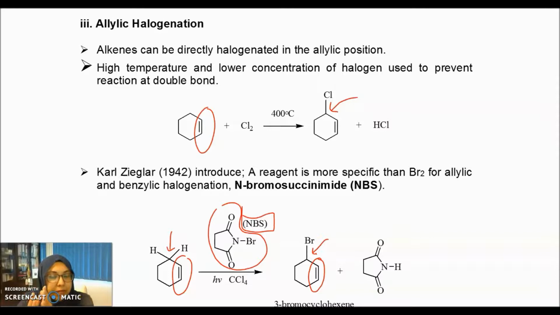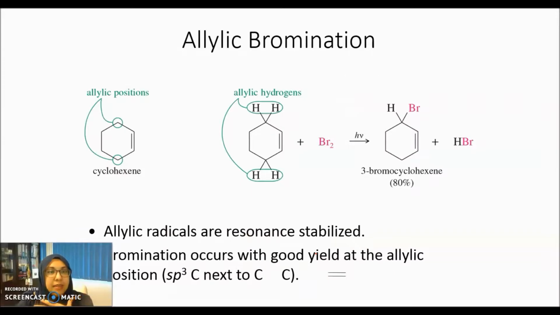If you use NBS, you cannot have Cl on the carbon next to the double bond. Why only Br? Because the compound only consists of bromine. Its full name is N-bromosuccinimide. So this is a further explanation of allylic bromination.